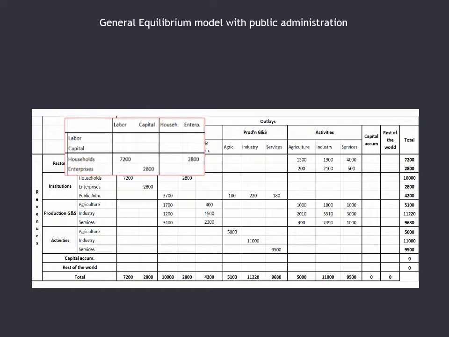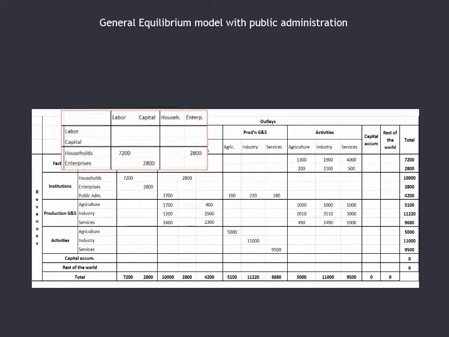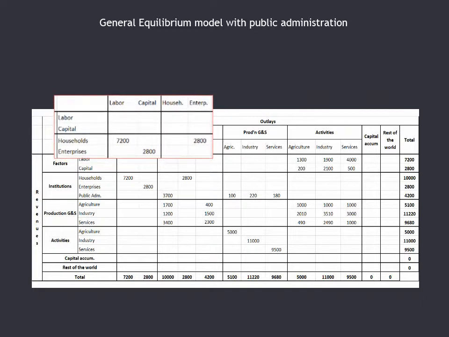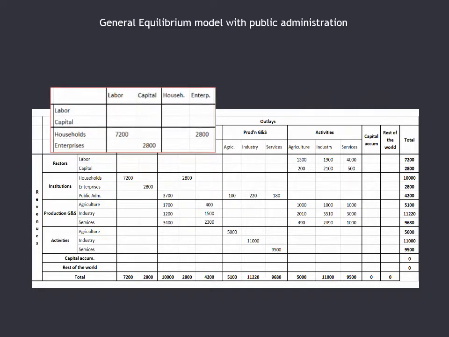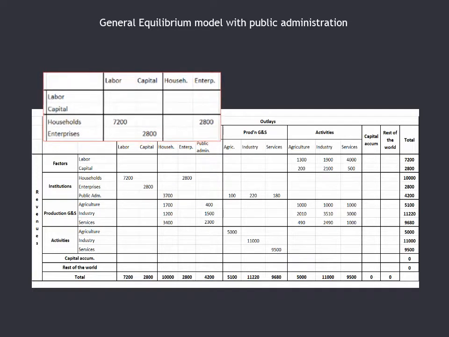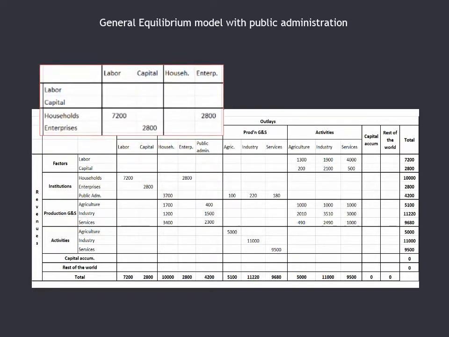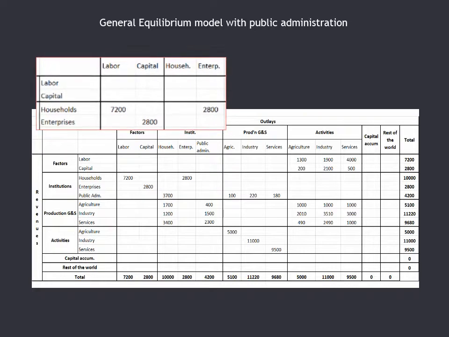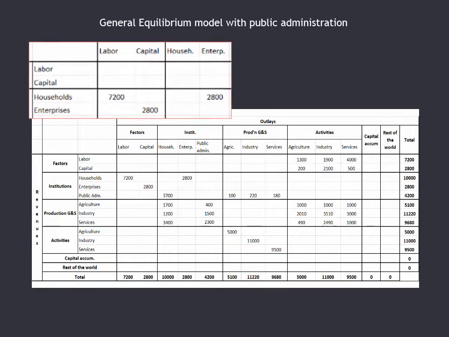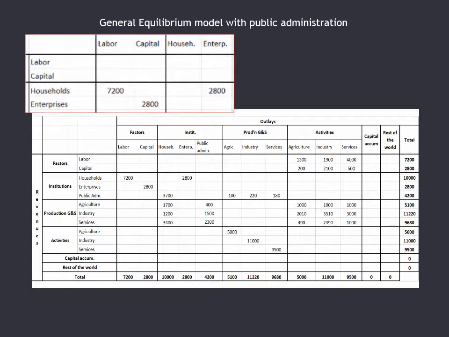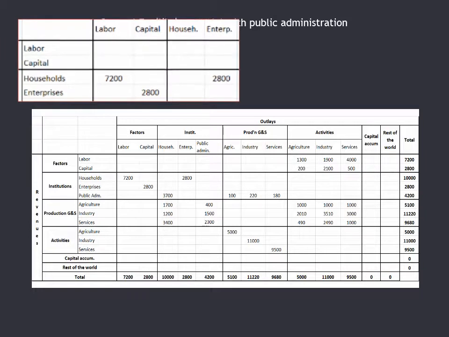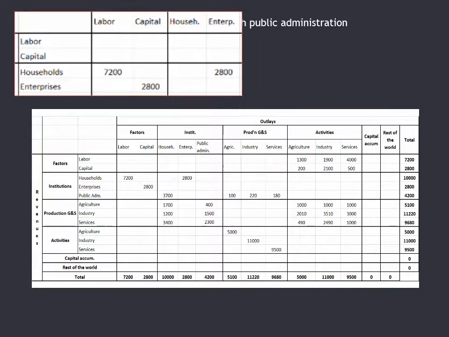The remunerations of labor allow the formation of income of households for 7,200. And the revenues from capital are given to enterprises, and enterprises decide to distribute total profits to households for 2,800.